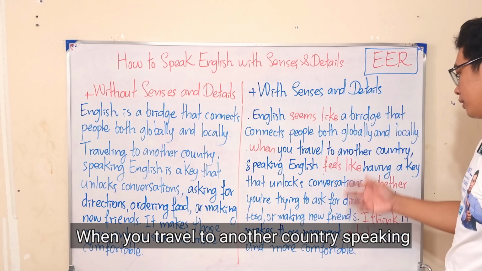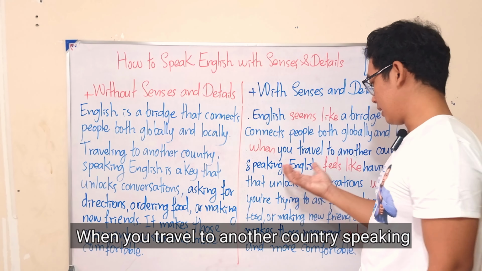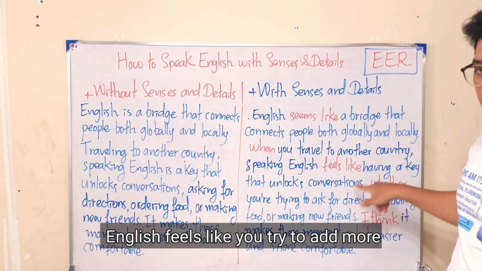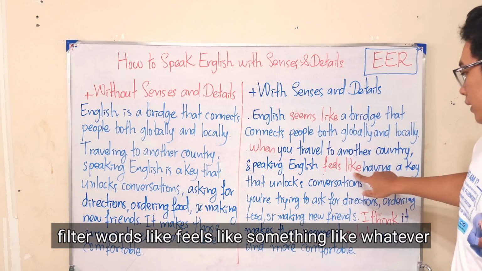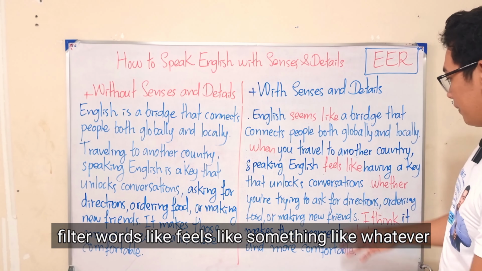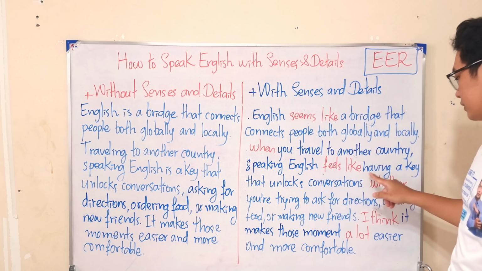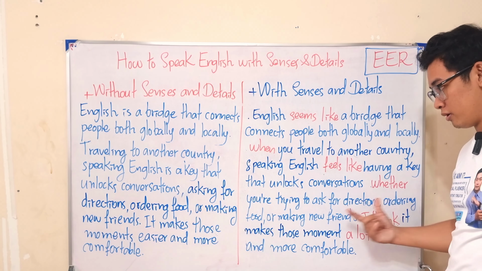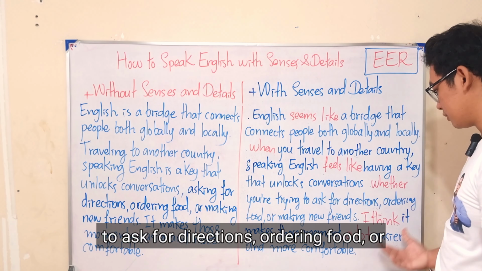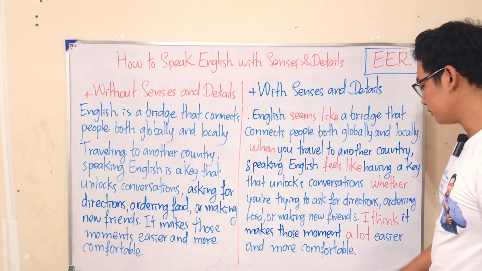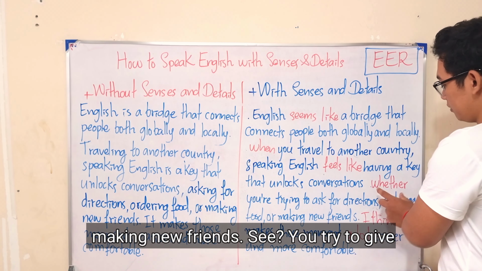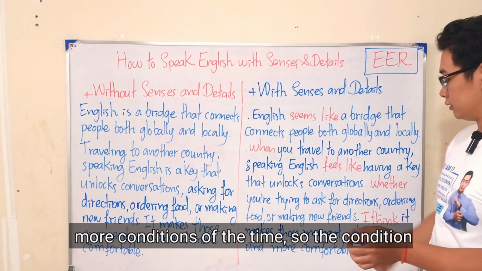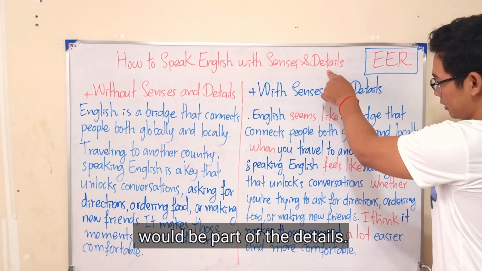When you travel to another country, speaking English feels like, you try to add more filler words, like feels like, something like, whatever. It feels like having a key to unlock conversation, whether you're trying to ask for directions, ordering food, or making new friends. See, you try to give more condition of the time. So the condition would be part of the details.